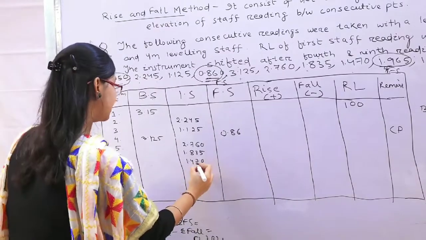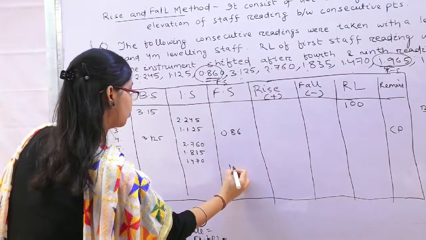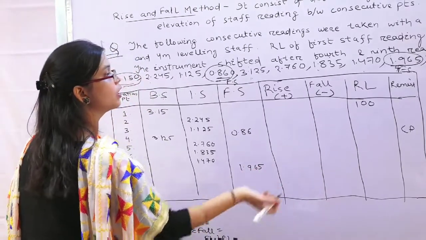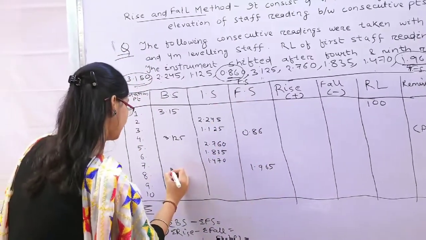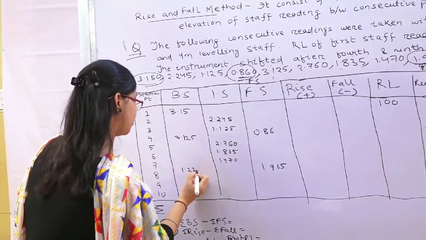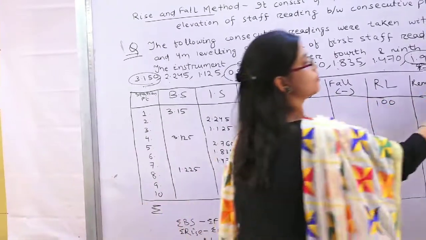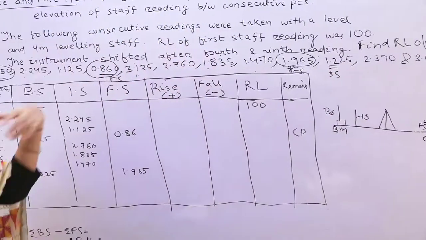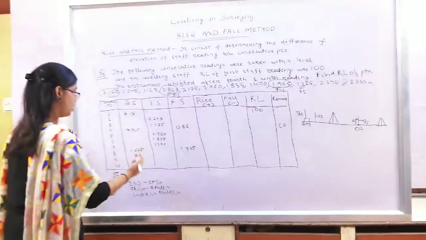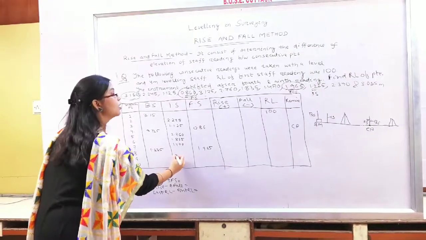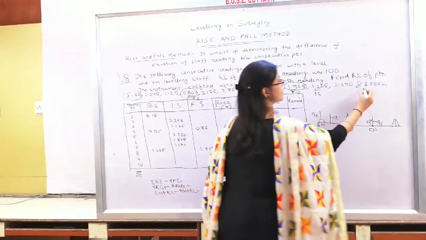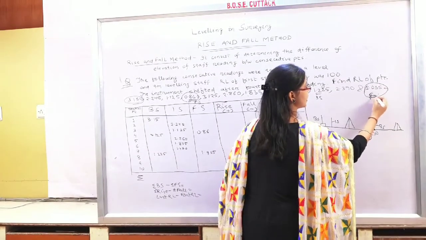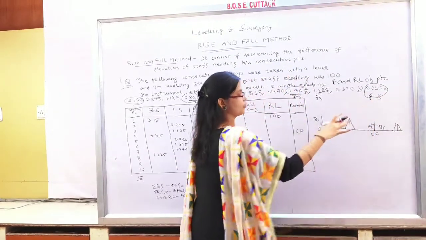We will write down here 1.965 and next here we will write down again 1.225. This one is the back side reading of the another instrument, and this one is nothing but the back side 4th side reading of the last instrument.